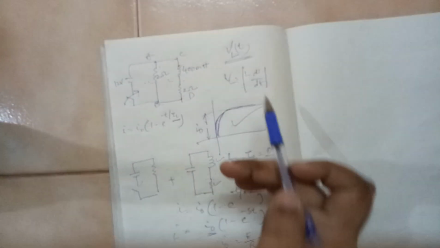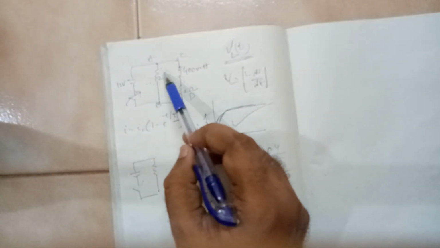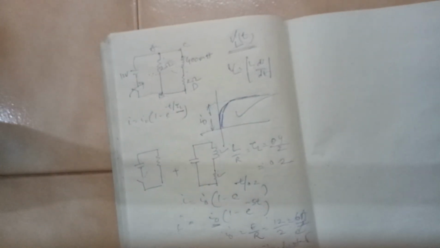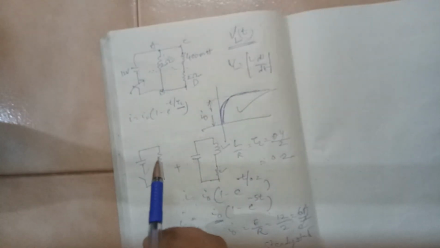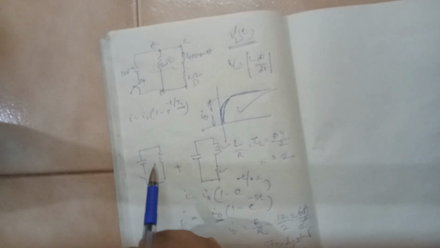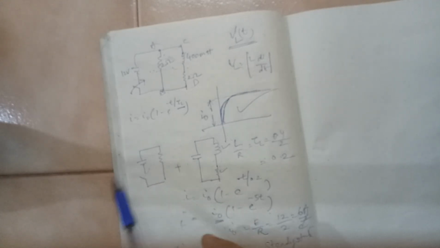Now let us say in this resistance 2 ohms, what is the flow of current as a function of time? If that is asked, then how will we do it? See, we have closed the circuit, then after some time it is opened. Once you open it, what will happen?